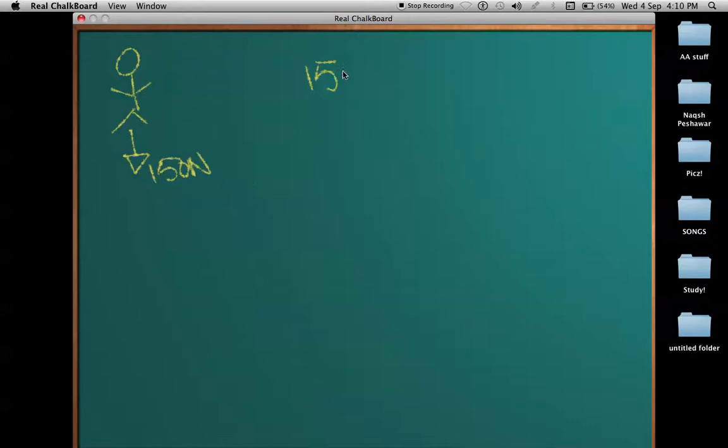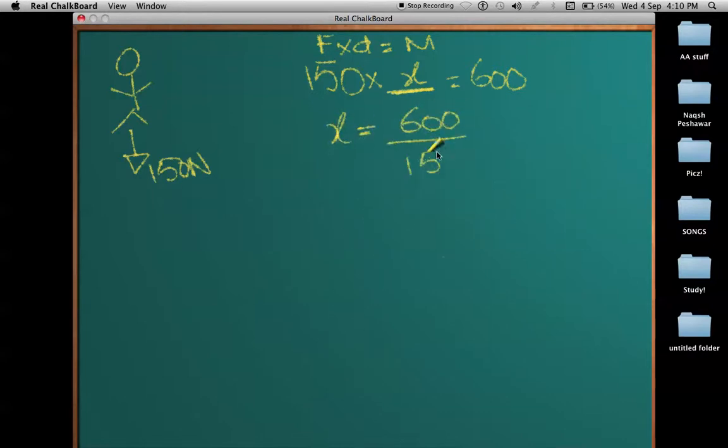So let's see the distance. This is the formula, F times d is equal to moment. We know the force, but we are finding the distance, which I'll take as x. And the moment that he needs to produce is the leftover 600. So x is equal to 600 divided by 150.